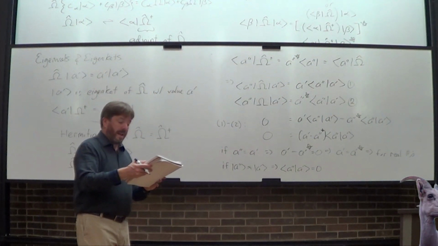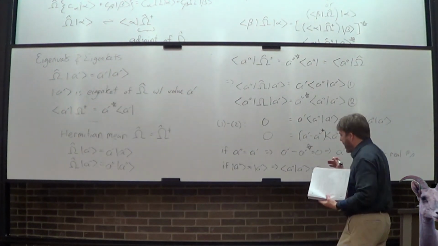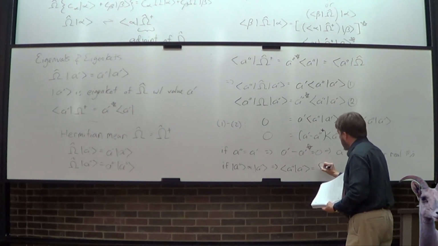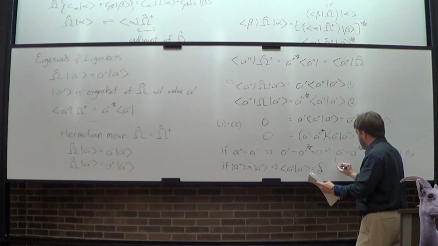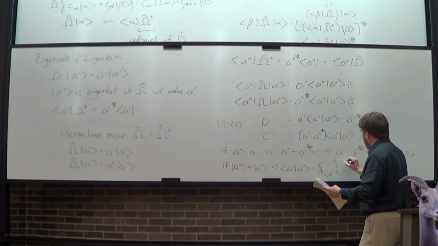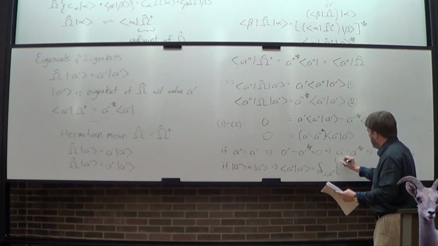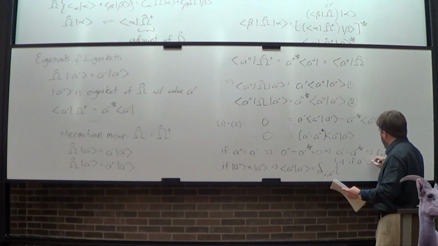And that is orthogonality. So a better statement is actually to use a Kronecker delta. Remember, a Kronecker delta, A prime, A double prime, is equal to 1 if A prime is equal to A double prime.